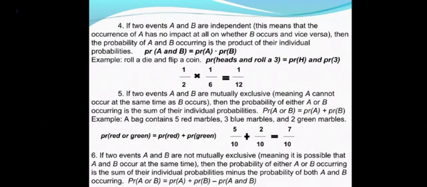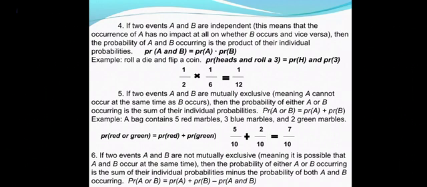It is also for two events A and B. This means the occurrence of A is impossible, whether or not B occurs, so the probability of A and B occurring is the product of these individual probabilities. The fifth one is for two events A and B that are mutually exclusive, meaning they cannot occur at the same time.